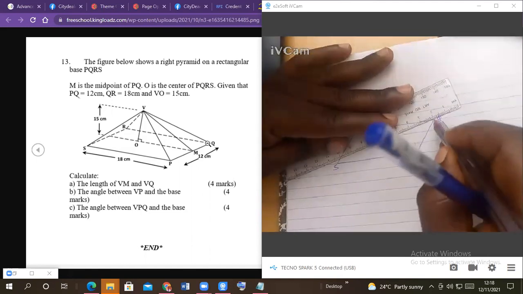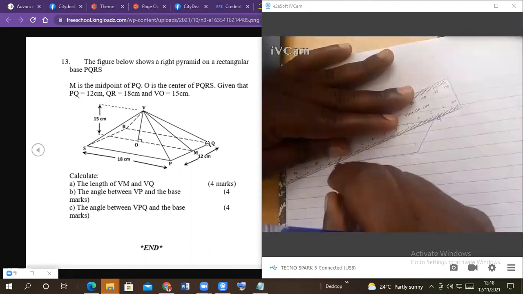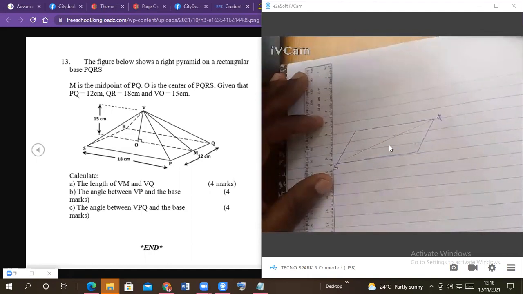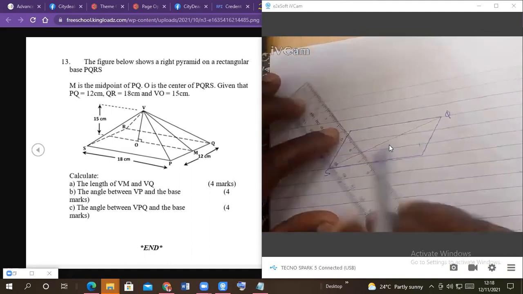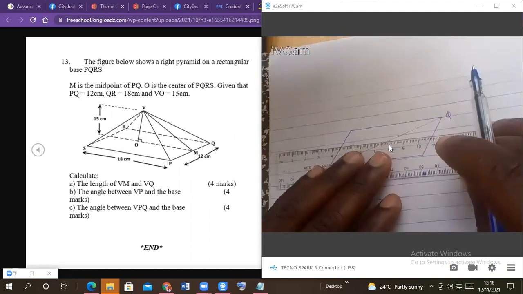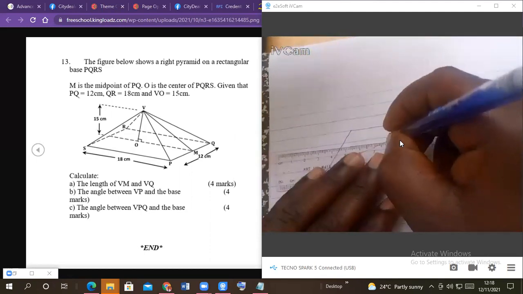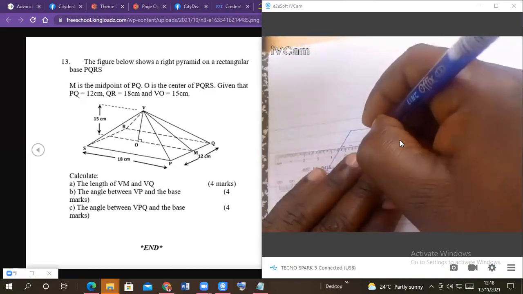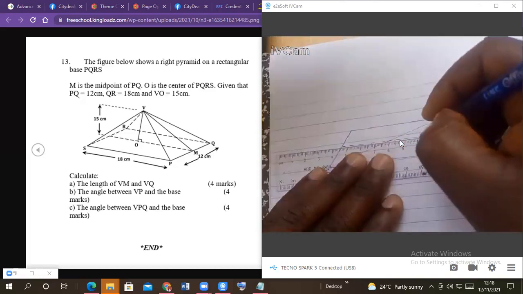So I'll first draw my diagonal there. That's the diagonal I want to get. And I know the center. So let's assume that the center was somewhere here. I'm drawing these dotted lines, the ones which were there previously.